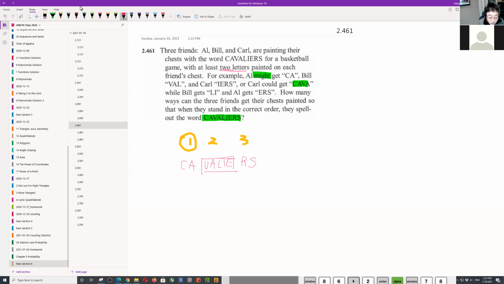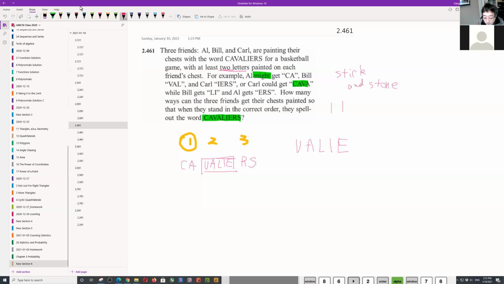So basically, we have to find the ways for those 5 letters, VALIE, and then we use dividers. It's just like a stars and bars problem.